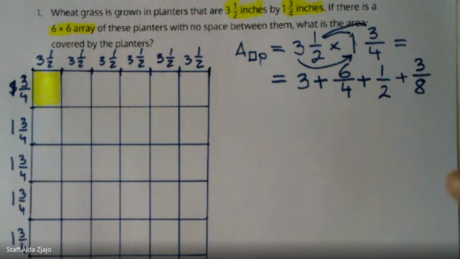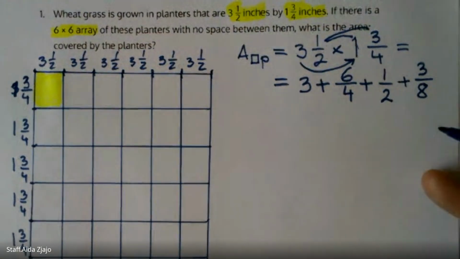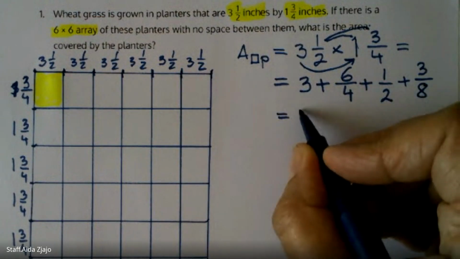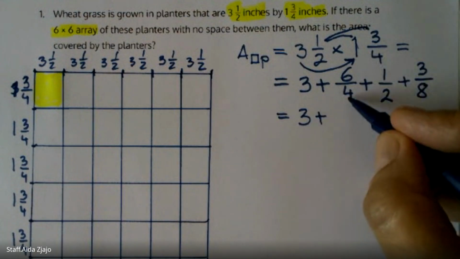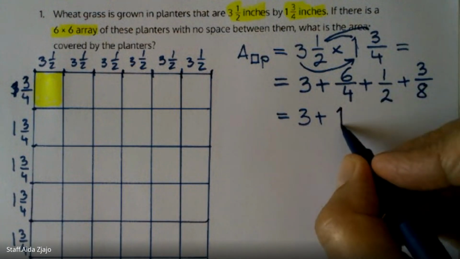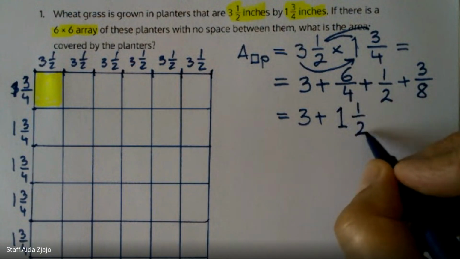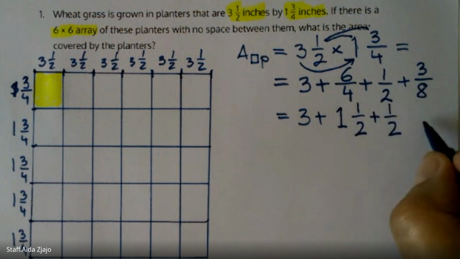Okay, so now I'm going to change all this. The 3 plus the 6/4, which is really 1 1/2. Look, 1 whole is 4/4, and 2/4 is 1/2. Adding this 1/2, that could be a whole, and then we only need the 3/8 left.